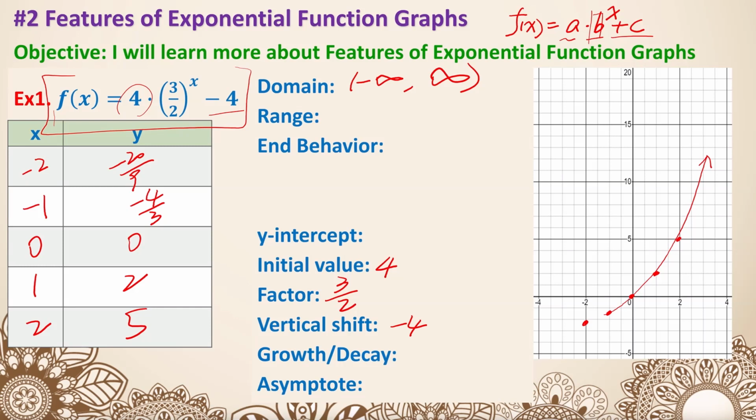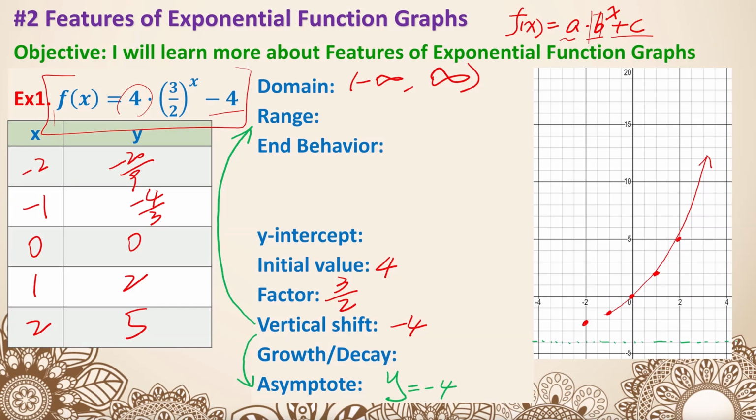Vertical shift is quite important because vertical shift will actually help you to identify the range and end behavior as well. And also vertical shift is where the asymptote is. So in this case, we know the asymptote is y equals -4. So let's actually draw that on the graph to indicate this is the line that is never crossing.